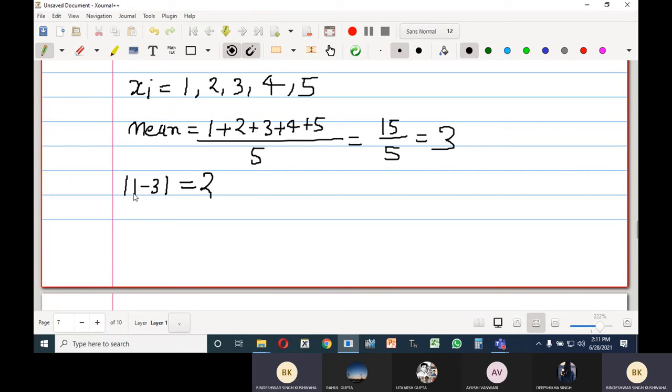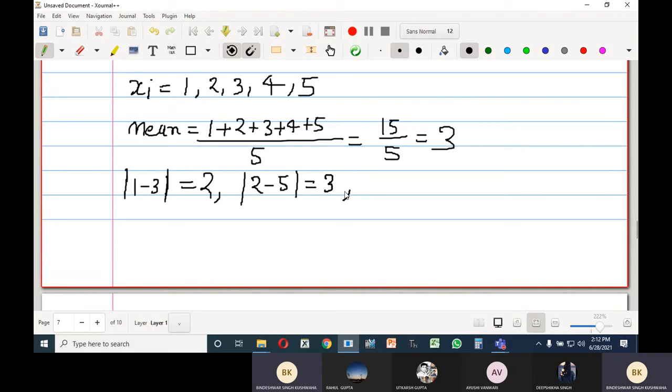See, as I said, you will take only the positive value. This is called mod. Okay? Mod, on both sides you will draw a line. So this is called mod. It means you will take only the positive value. Thereafter the second deviation, 2 minus 3, so 3.